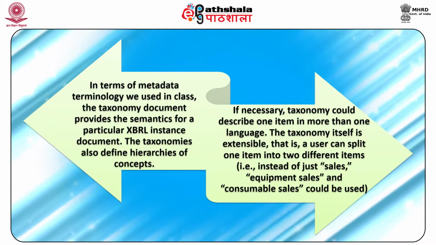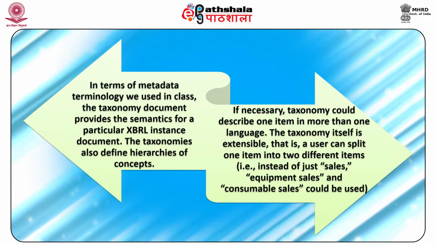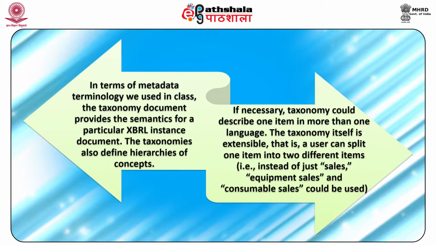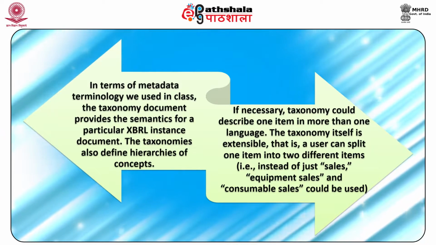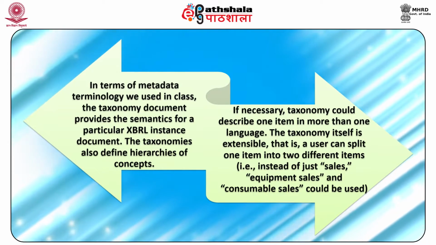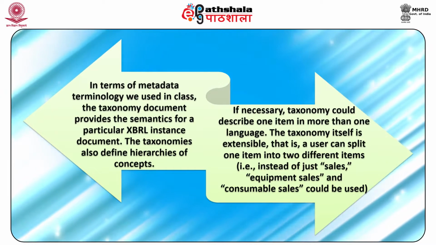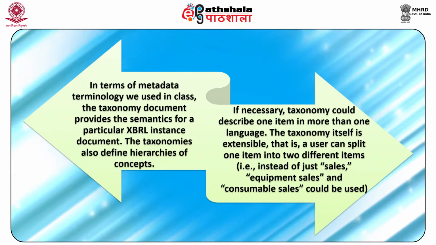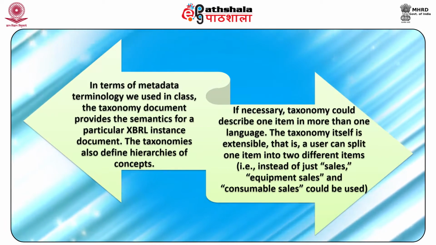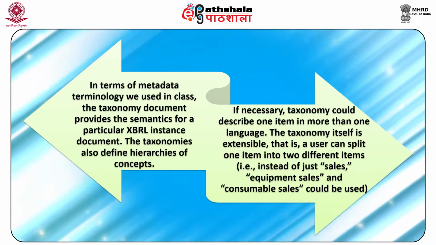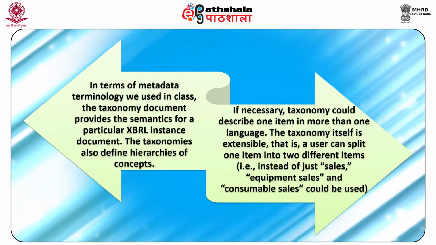The taxonomies also define hierarchies of the concept. If necessary, a taxonomy could describe one item in more than one language. The taxonomy itself is extensible, that is, a user can split one item into two different items. For example, instead of just sales, equipment sales and consumable sales could be used.